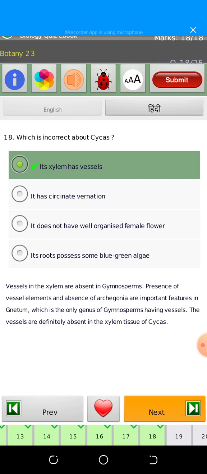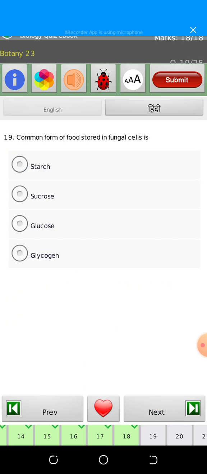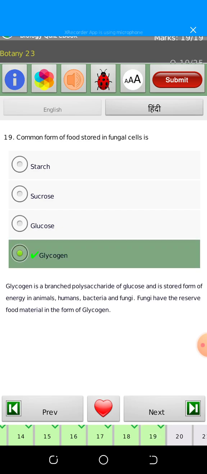Next is, common form of food stored in fungal cells is starch, sucrose, glucose, glycogen. Common form of food stored in fungal cells is glycogen.